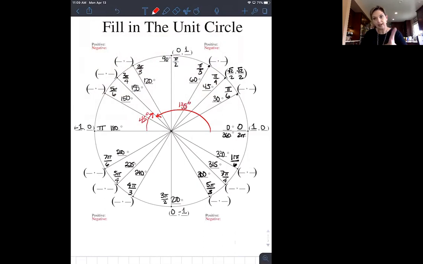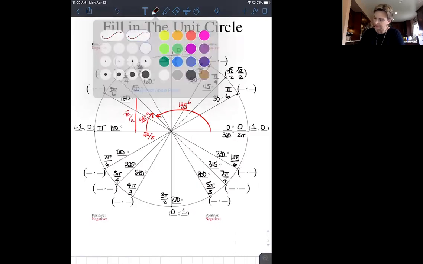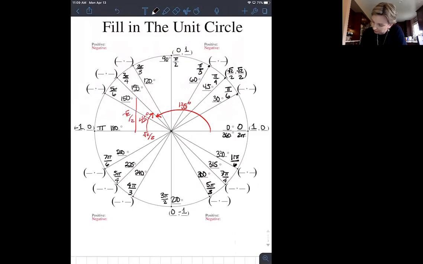Okay, so its x and y coordinates are also going to be square root of 2 over 2 and square root of 2 over 2. Same thing, the same x and the same y, right? Square root of 2 over 2 and square root of 2 over 2.